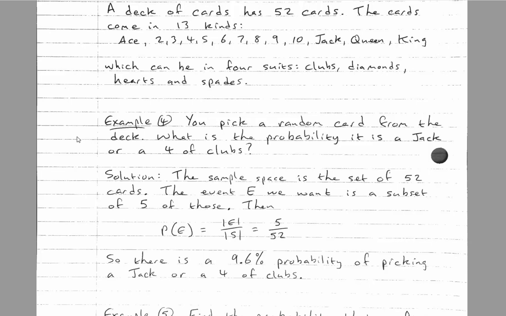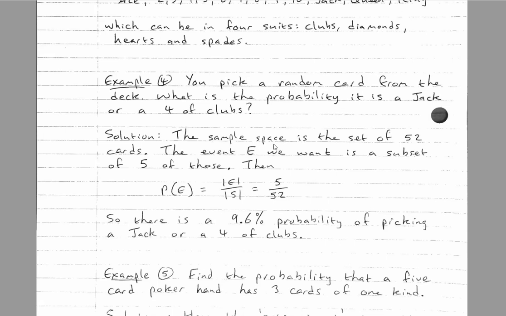Example 4. You pick a random card from the deck. What is the probability that it is a jack or a 4 of clubs? Here we mean any kind of jack in any suit or a 4 of clubs. There's only one 4 of clubs, but there are 4 jacks. So we're looking at randomly picking one of these 5 cards.